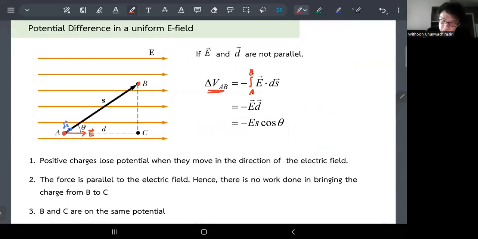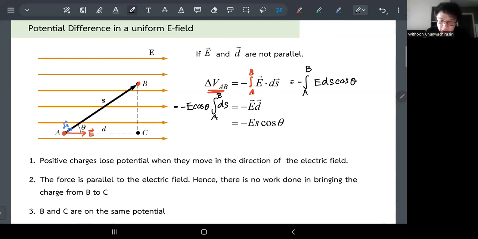So this is not hard: it's E ds cosine theta, from point A to point B. The good thing about this problem is that theta is a constant and E is also a constant. That means I can pull those two out in front. So it's E cosine theta times the integral of ds from A to B. Cool? So far, so good?